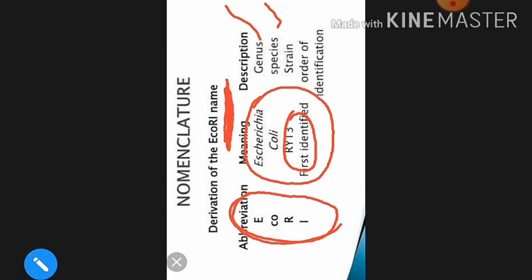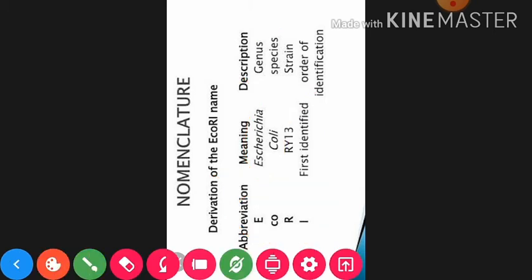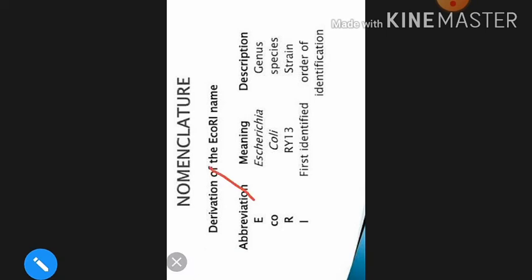Suppose that E represent the genus name, CO रिप्रेजेंट द कोलाई यानी कि स्पीसीज नेम, यानी कि E that will represent the Escherichia, that is the genus of the bacteria, and next two letters CO they will represent the species name coli, यानी कि Escherichia coli.